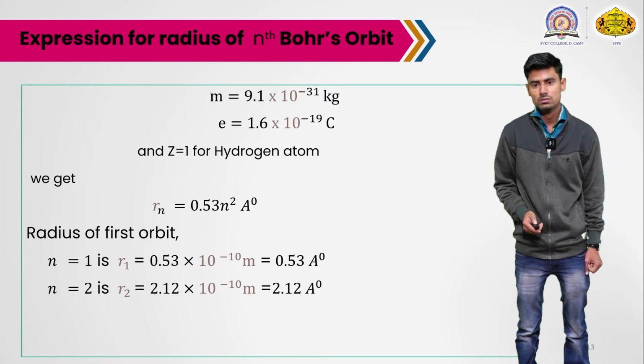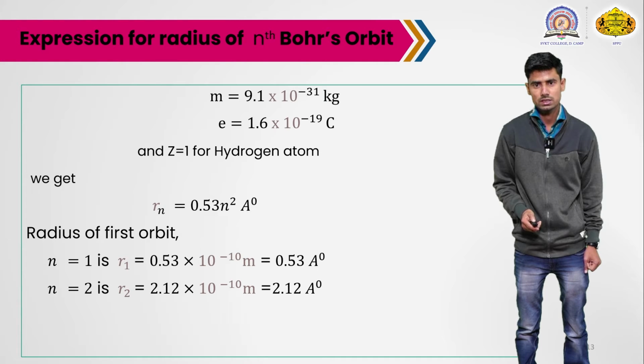Mass of the electron is approximately 9.1 into 10 raised to minus 31 kilogram. Charge on the electron e equals 1.6 into 10 raised to minus 19 coulomb, and the atomic number for the hydrogen atom Z equals 1.